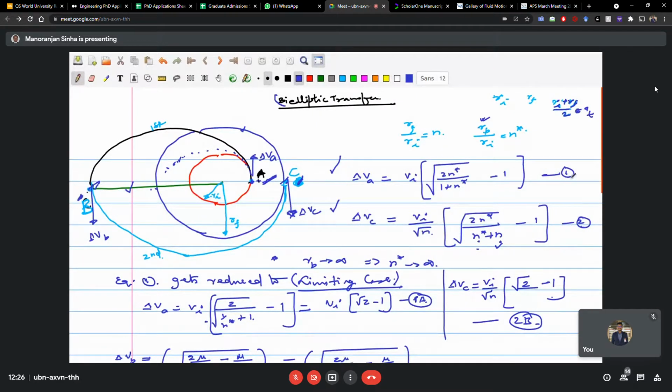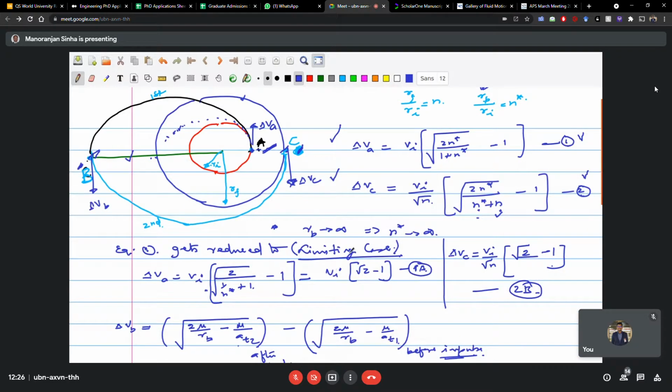So this equation 1 and 2 we worked out last time. Yes. Okay. So one result from this, what we can see, is that if RB tends to infinity, that means this distance goes to infinity, this point B goes to infinity.